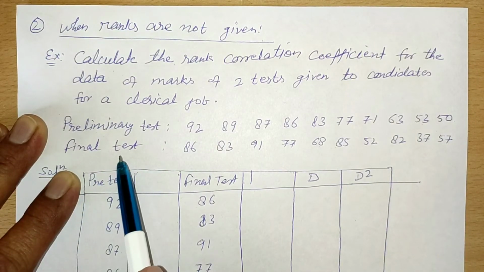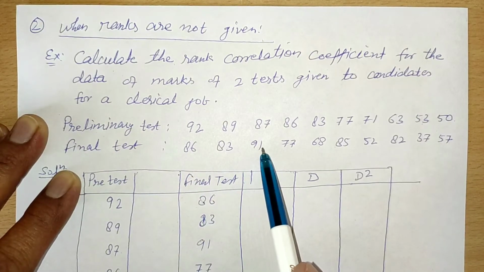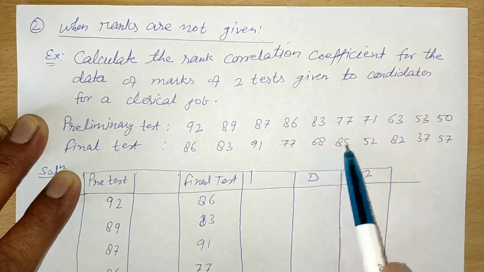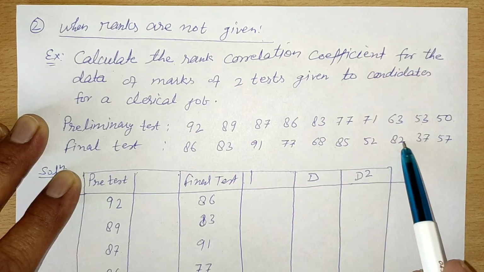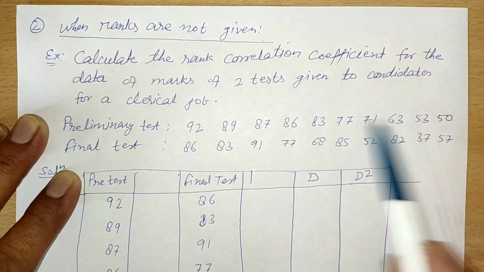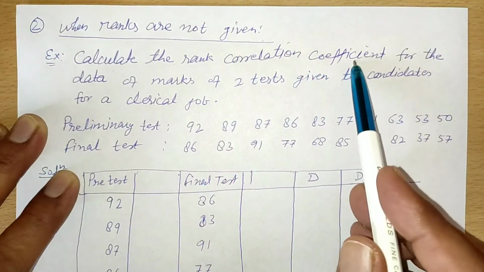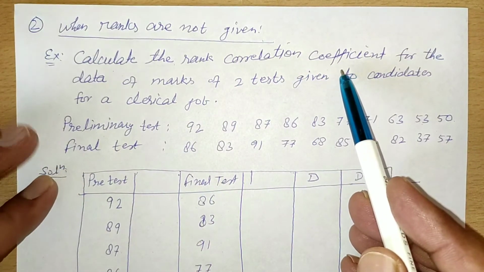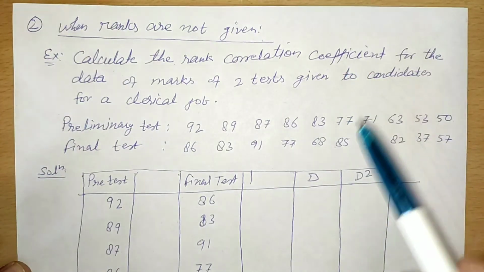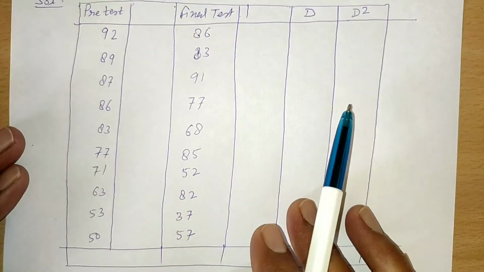And in the final test, the marks scored by the candidates are 86, 83, 91, 71, 68, 85, 52, 82, 37 and 57. So these are the marks, and we have to find the rank correlation coefficient. So how can you find it? Look at the solution. In this case, firstly you have to write down all the data in column form.